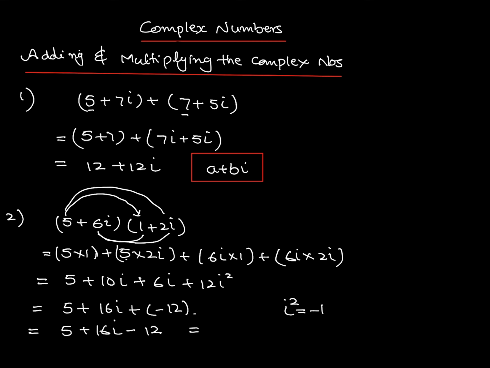This is equal to minus 7 when we add the like terms, minus 7 plus 16i. Here minus 7 is our real number and 16i is our imaginary number.